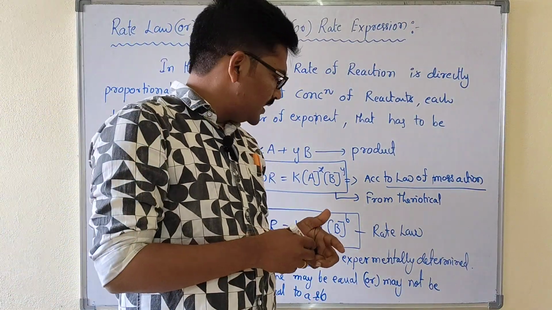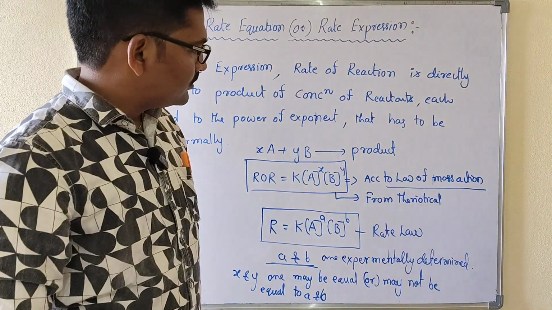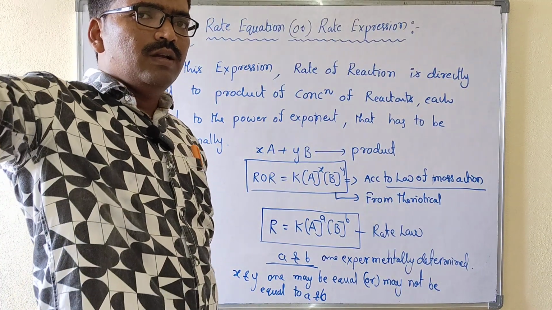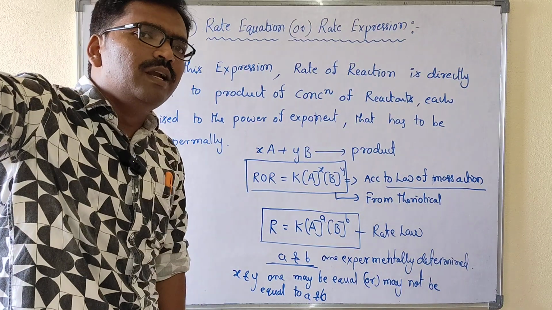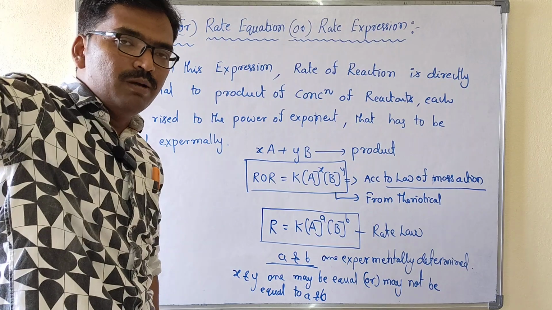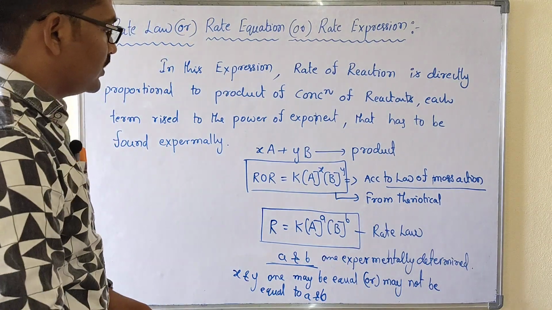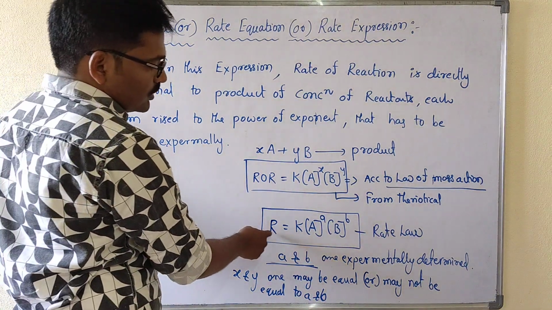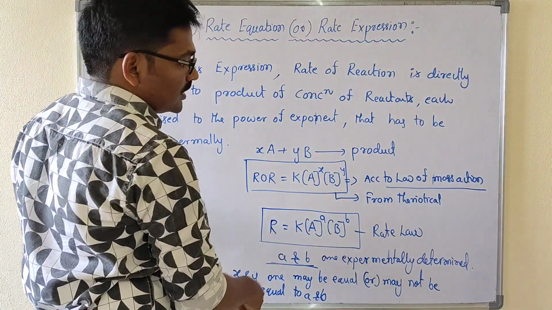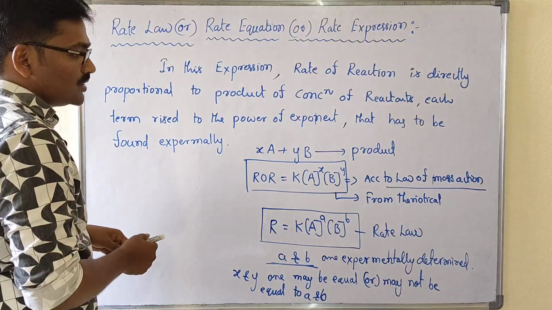In maximum cases, x and a, y and b may be equal, because maximum reactions are elementary reactions, but in complex reactions it is not equal. Remember, my dear students. So in this reaction, rate equals k into A power a and B power b. This is experimentally determined.